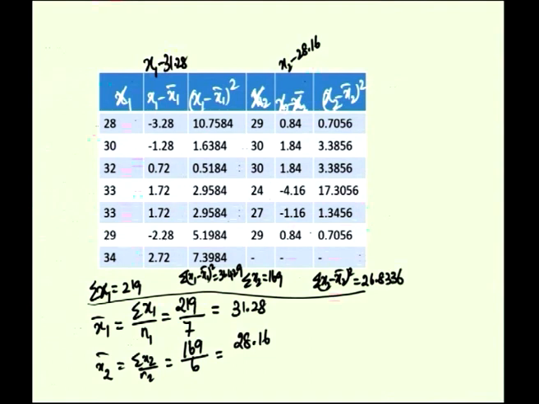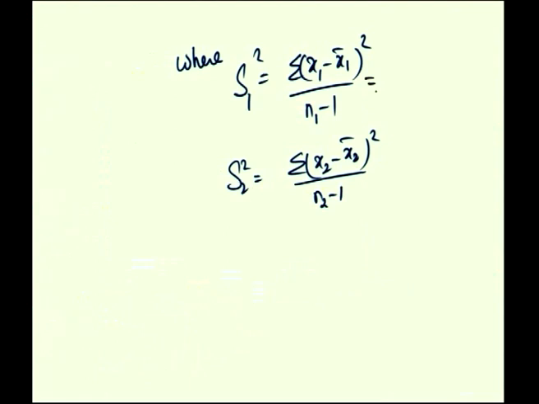Okay. Now, taking these values we shall calculate capital S1 square and capital S2 square. Capital S1 square is equal to 31.429 by n1 minus 1, which is 7 minus 1, which is 31.429 by 6, which is equal to 5.238.